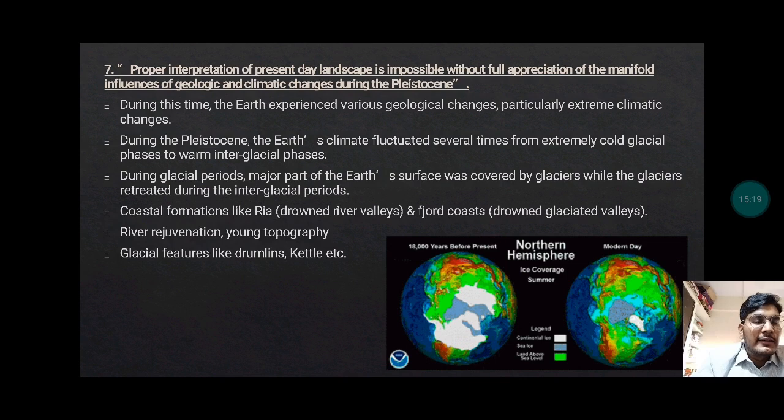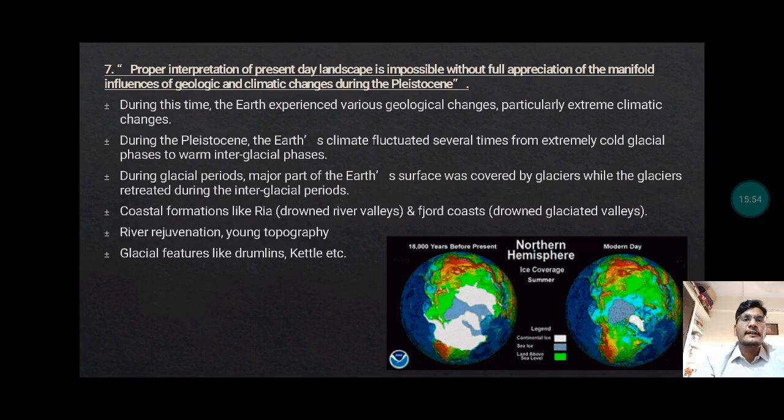You can see through the diagram that in the first diagram, 18,000 years before present, an immense part of the Earth is glaciated, but now it has shrunk to only very few parts of the world. Due to that, several features have developed which are visible currently in different parts of the world, and their interpretation lies only in the Pleistocene period.